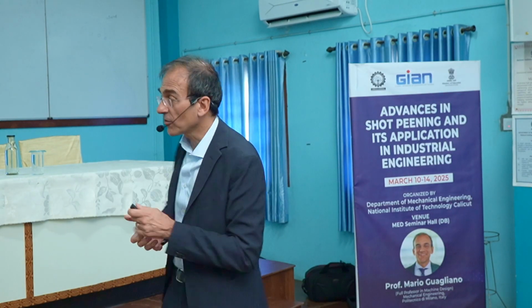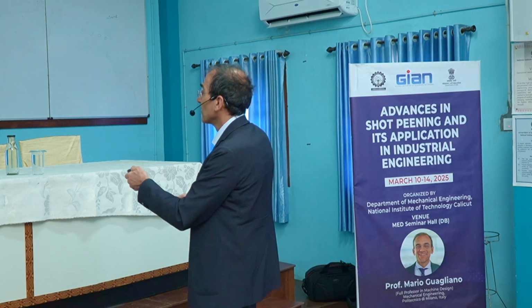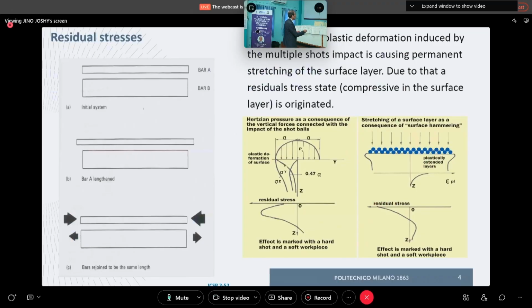And this is what is shown here. We have an elliptical pressure distribution, the one given by the Hertz theory, maximum in the middle of the contact area and then decreasing with an elliptical shape.